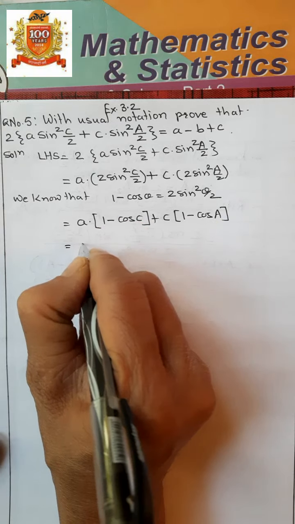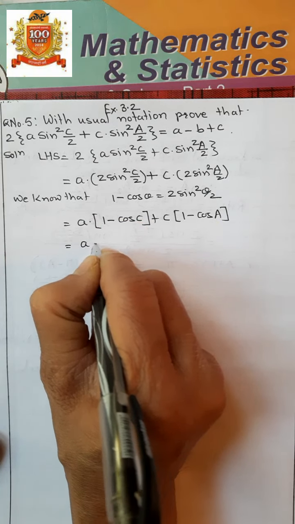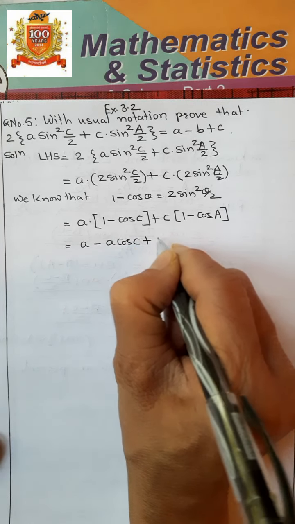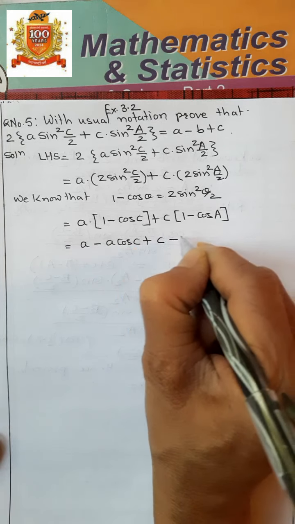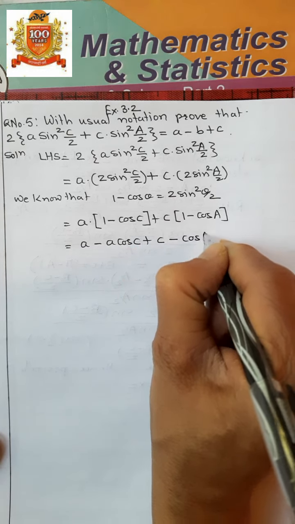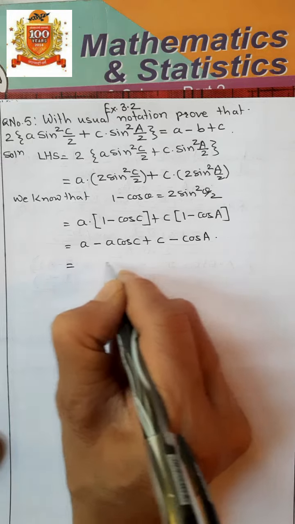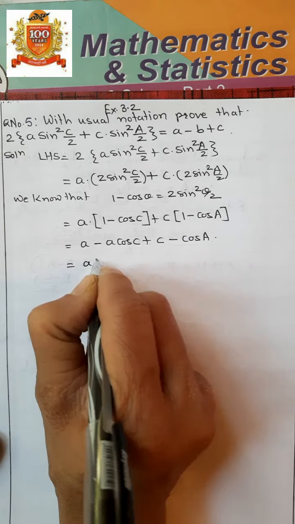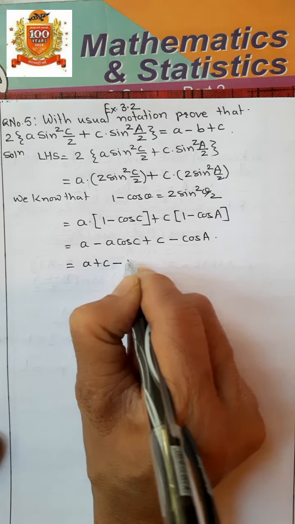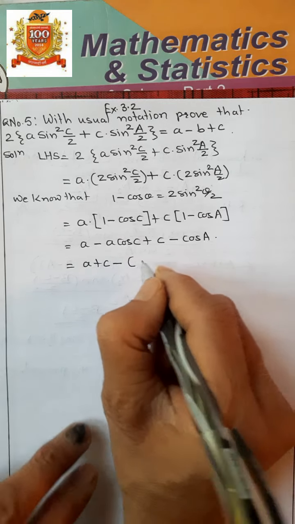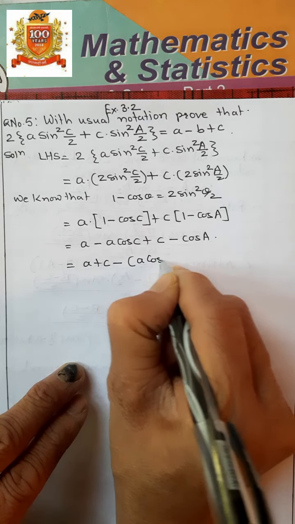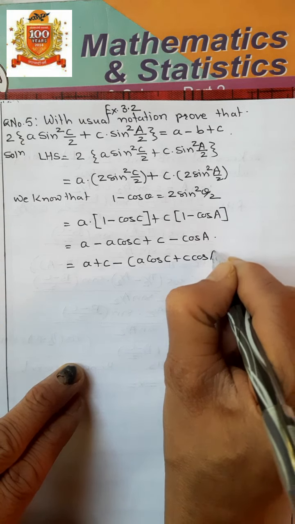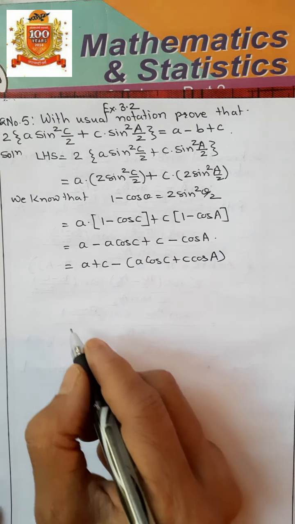That is equal to a minus a cos C plus c minus c cos A. That is equal to a plus c minus in bracket a cos C plus c cos A, isn't it?